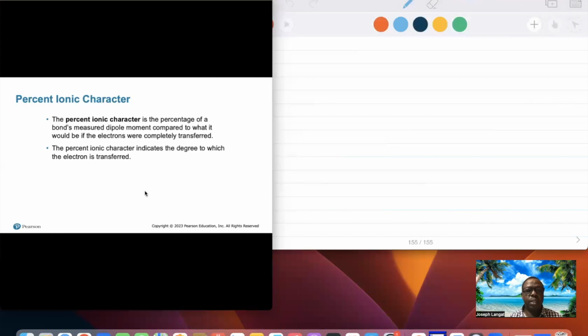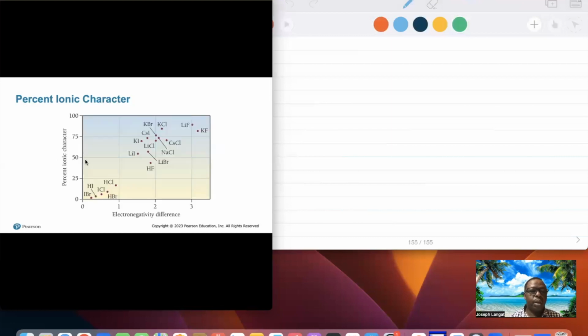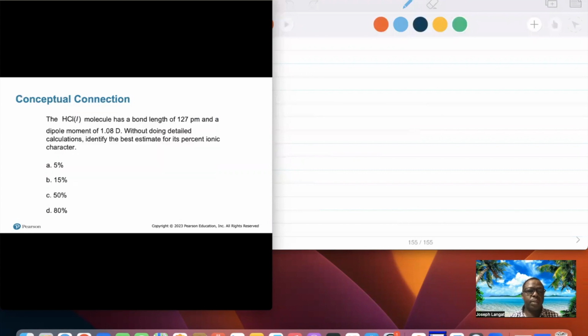I will not ask you to reproduce this, but it gives the percent ionic character, up to 100% for full transfer. There's no transfer for atoms of the same element, such as hydrogen gas.